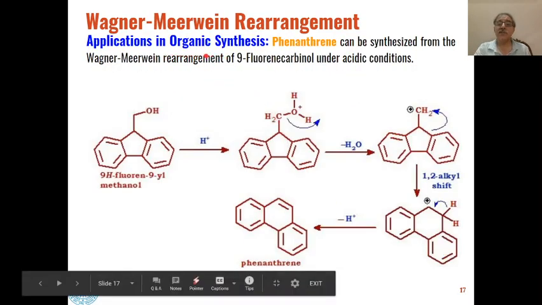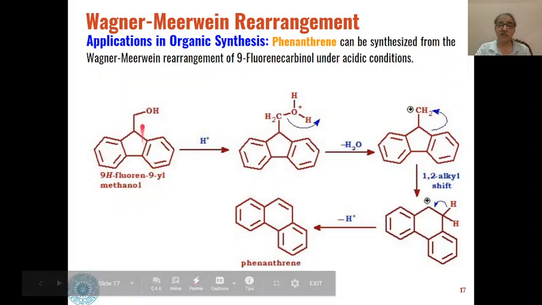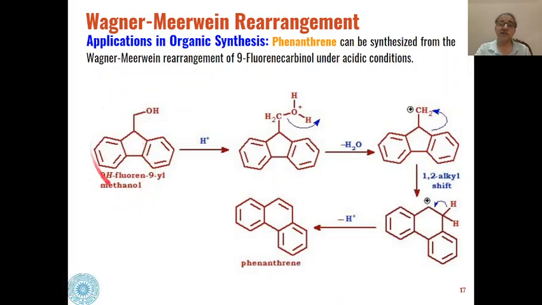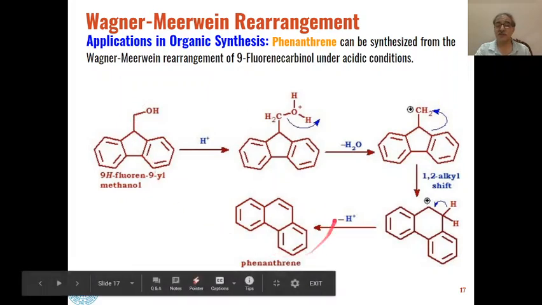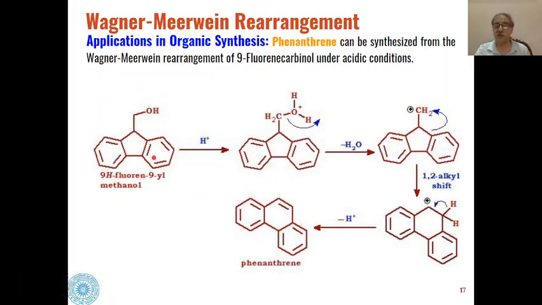Then some applications in organic synthesis. 9H-fluoren-9-yl methanol, this one, when treated under acidic conditions, is converted into this type of polycyclic hydrocarbon, that is phenanthrene. And these can be very easily synthesized from these types of alcohols under acidic conditions.